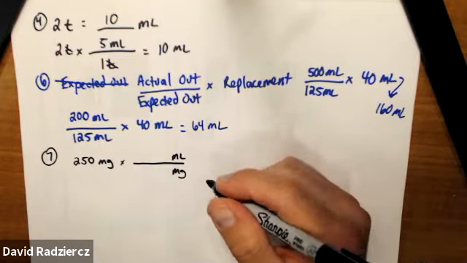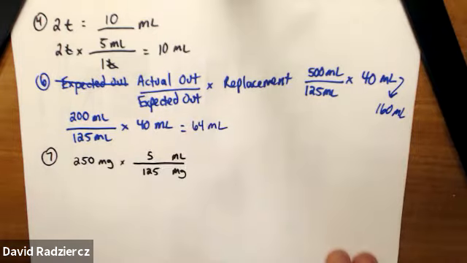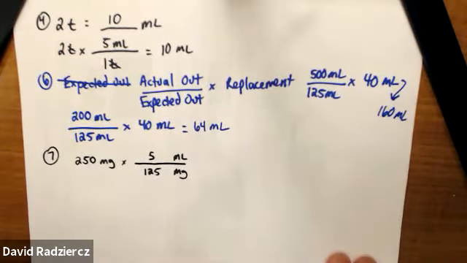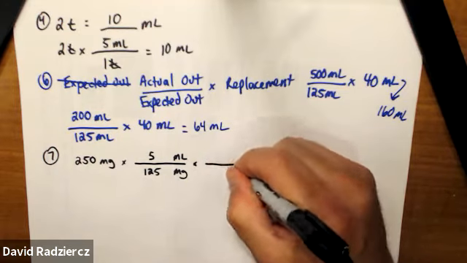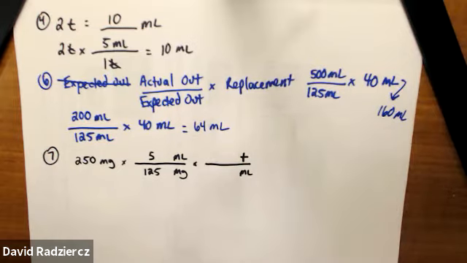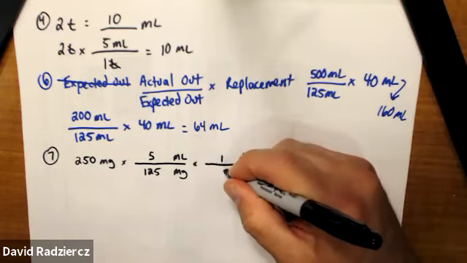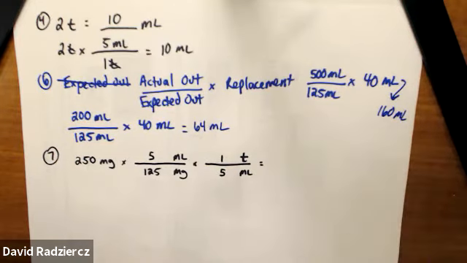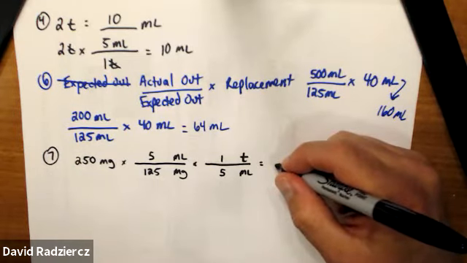The label says 125 milligrams per 5 ml. To be consistent with the dimensional analysis model, since I know we're looking for teaspoons, I'll make the conversion of milliliters to teaspoons, where 1 teaspoon is 5 ml. When I do this calculation, I get 2 teaspoons.